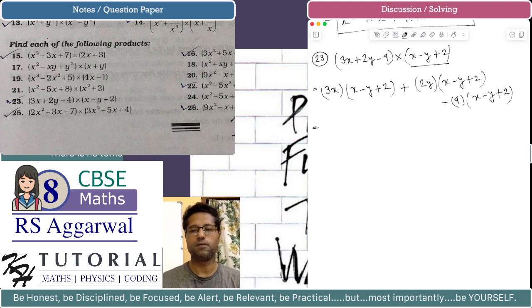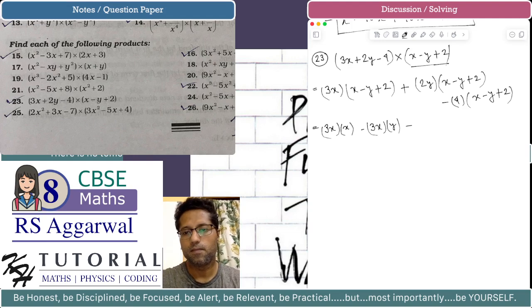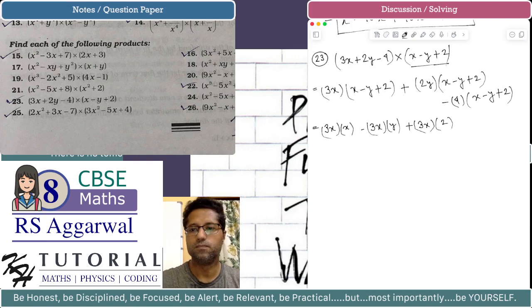Now we have to find the product of a monomial and a polynomial. So this is 3x into x minus 3x into y plus 3x into 2.